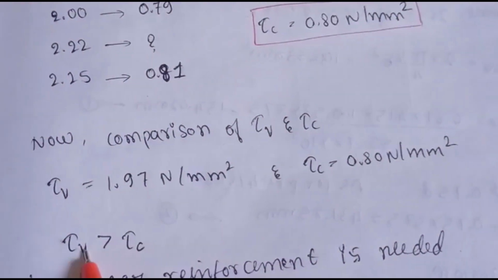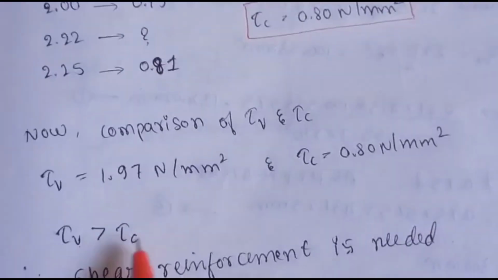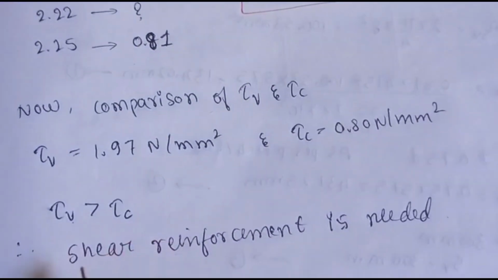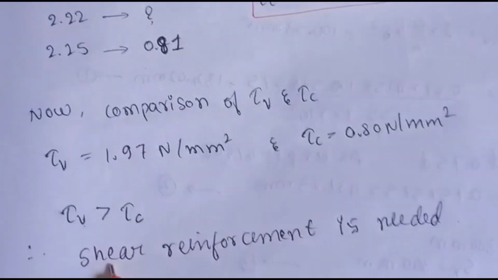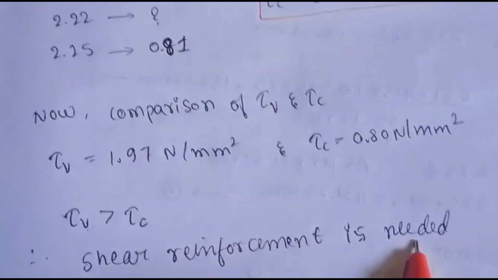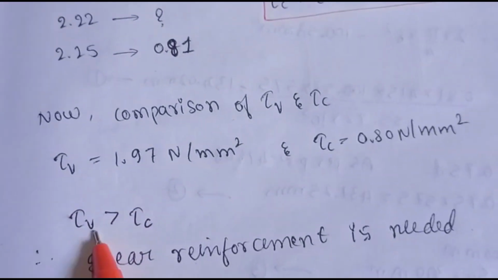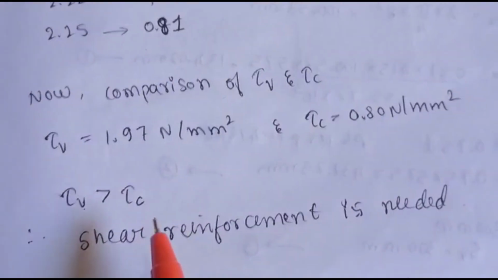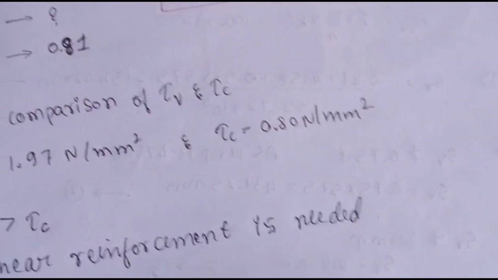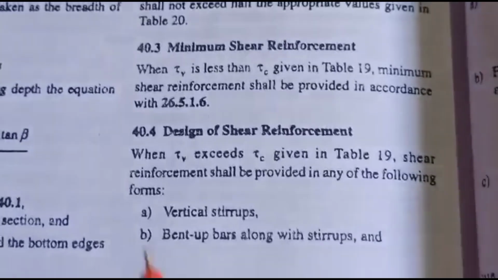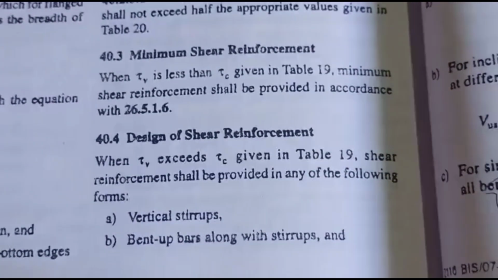So when our tau v is greater than tau c, shear reinforcement is needed. We need to calculate the shear reinforcement when our tau v exceeds tau c. For that, again we'll go to page number 72 of IS 456 2000, clause 40.4.